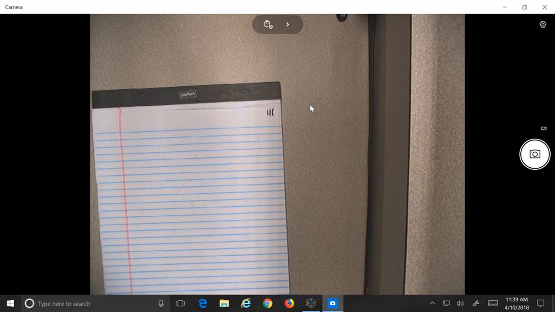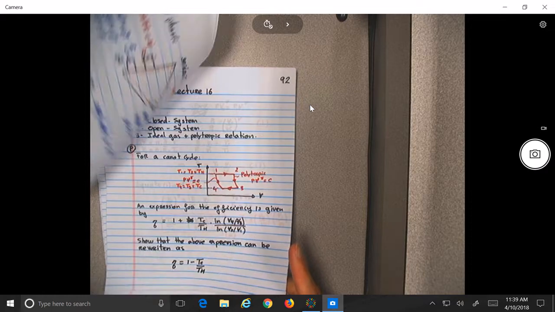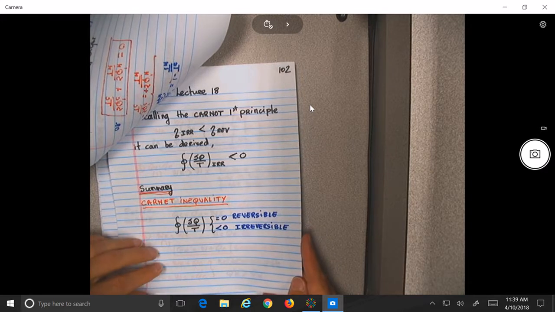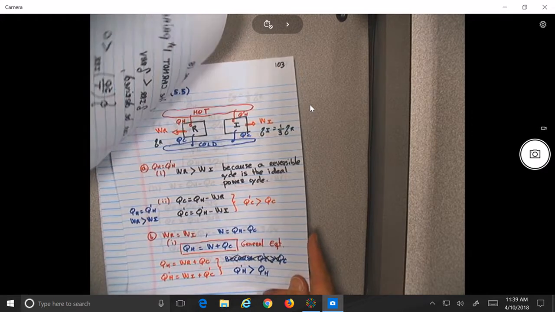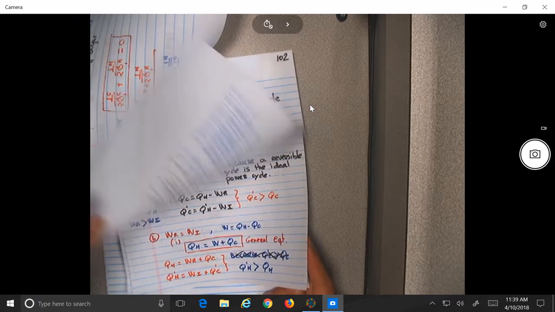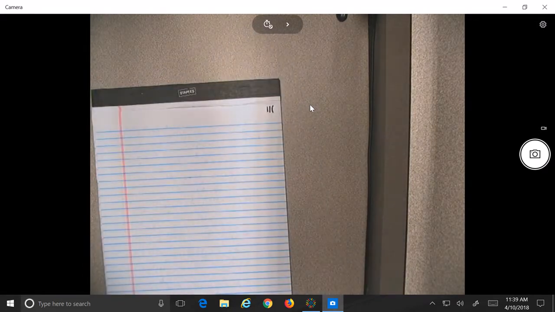So this will be replaced by that. So this goes together. So let's see what is the last thing we did over here. Okay, here we go. So we did cover this, we did cover this, and these are the problems. Alright, so I'm going to pick it up from here.